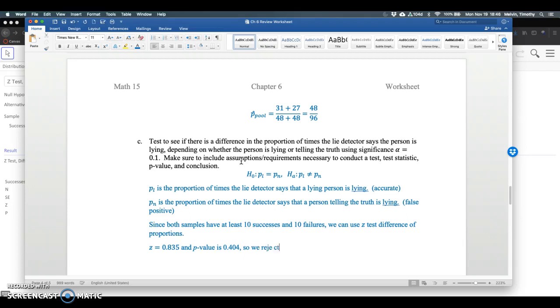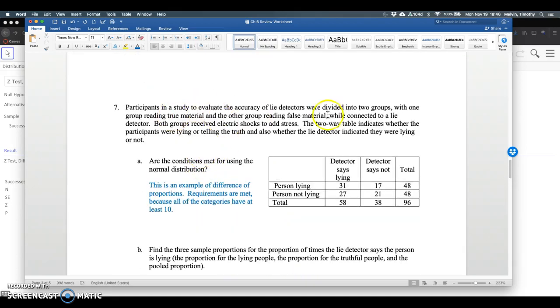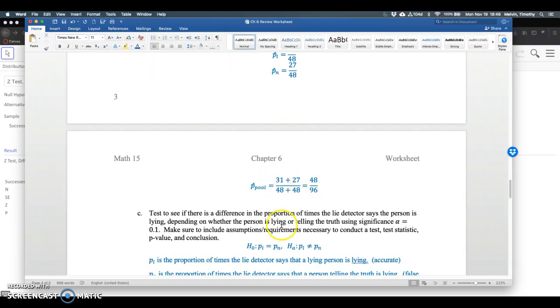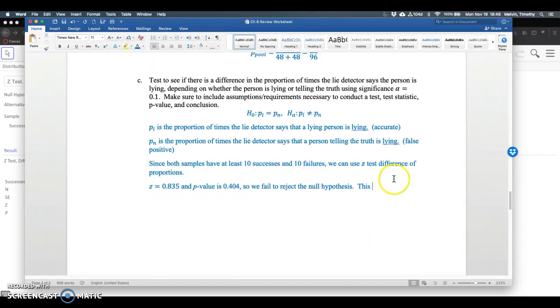So we fail to reject the null hypothesis. All right, so our p-value is fairly large. It's greater than the significance level, which was given to be 10%, 0.1.